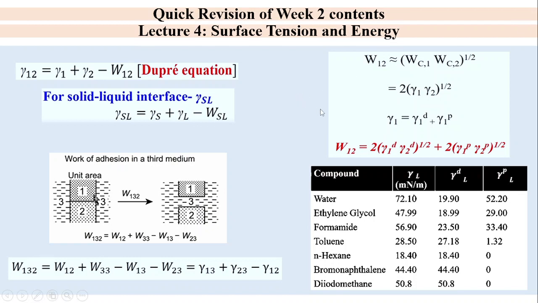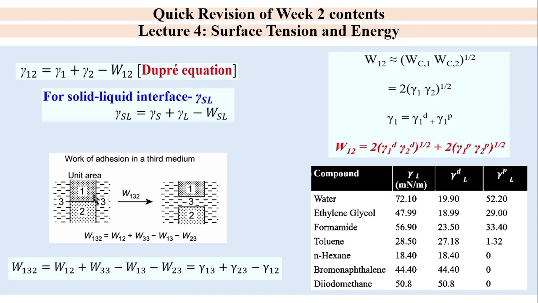Next, this work of adhesion can also be written as 2 in the bracket gamma 1 gamma 2 power half. Now this gamma can have two components, one is the dispersive component and another is the polar component.